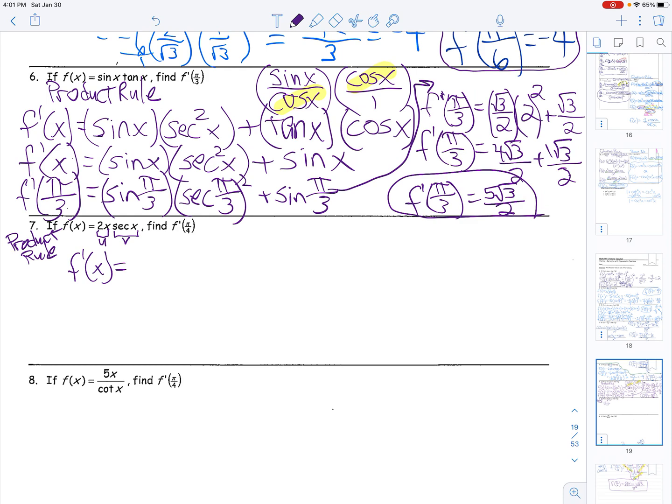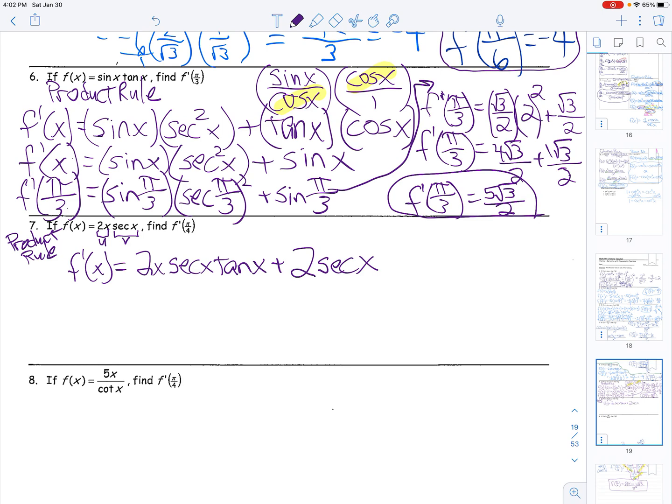So f prime of x is going to be the first times the derivative of the second. So 2x multiplied by the derivative of secant, here is secant x tan x. Plus the second times the derivative of the first. Secant x times the derivative of 2x, which is 2.